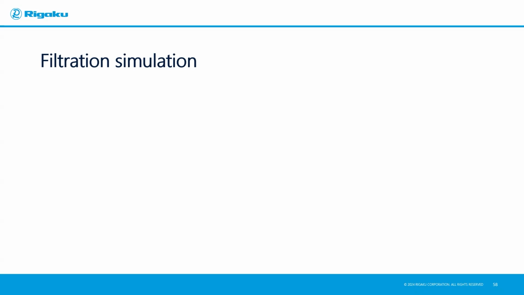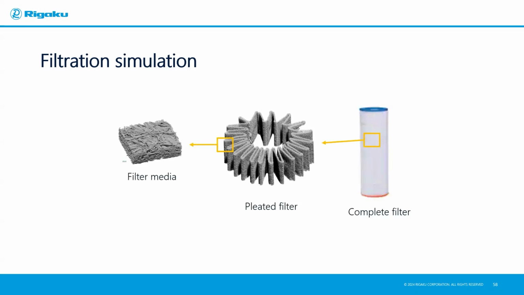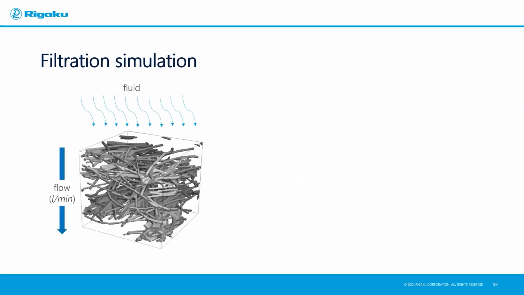So let's go back to the beginning of this webinar and recall that I talked about different scales at which we can look at the filtration process for our pool to understand it and make better filters. So in this case, for the last step of this, we're going to look at some filter media and simulate some flow experiments with GeoDict.